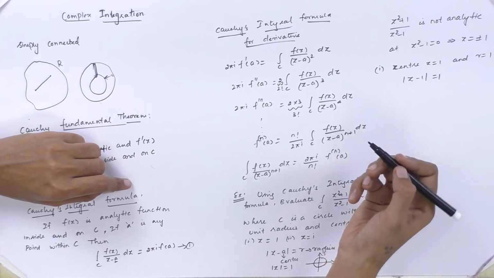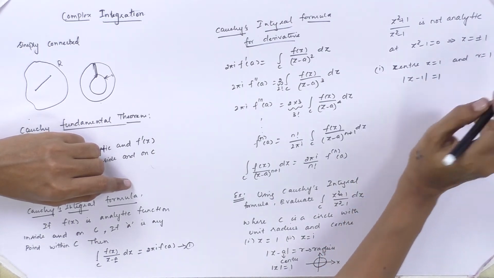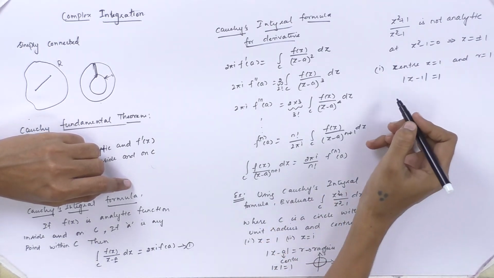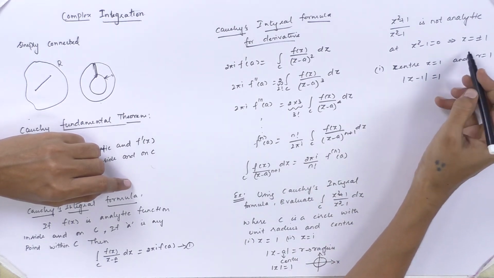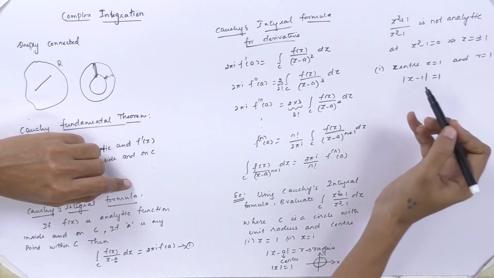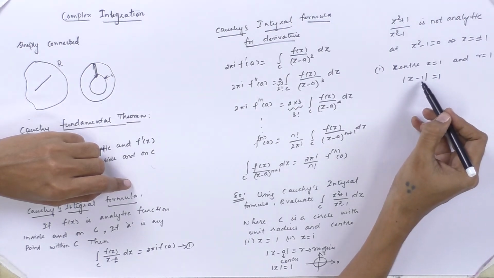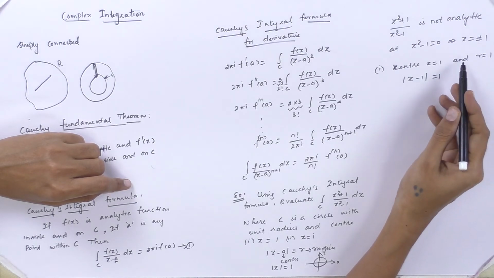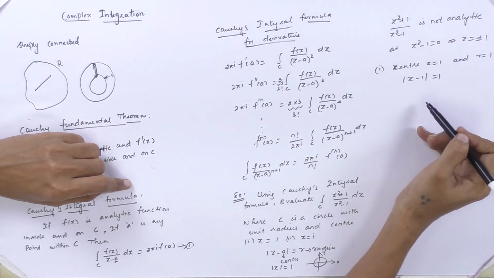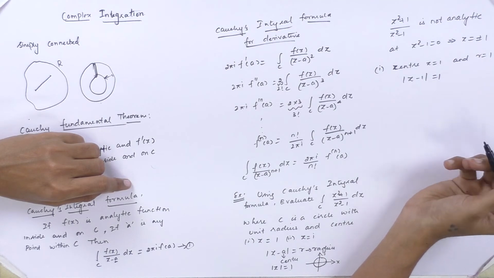So we can easily verify whether the points z equal to 1 and minus 1 lie inside the circle or not. If the difference between the point and the center is less than the radius, the point lies inside the circle, otherwise it is outside the circle.